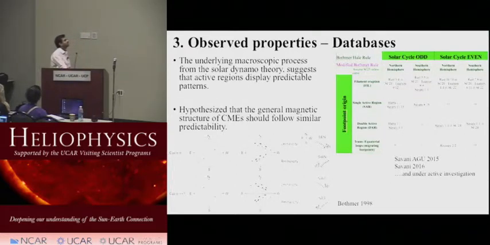What he was arguing was that, just through basic dynamo theory, there should be four main characteristics of CMEs, such as south-east-west, south-west-north, all these different characteristics, but four general structures, and everything should modify from that.